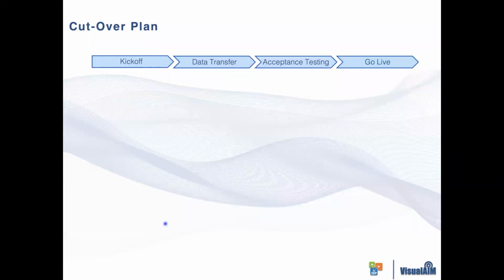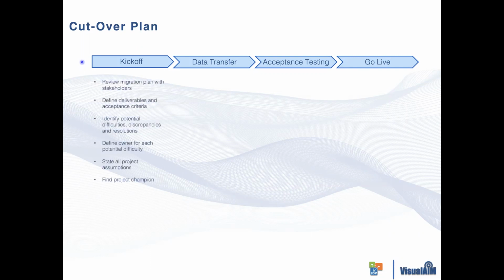So starting from the very beginning, when we talk about the cutover plan, we really think that the kickoff or the initial step of the project is essentially extremely key. And we would have definitely, when starting a new project of this fashion, focus more on this step of the process.